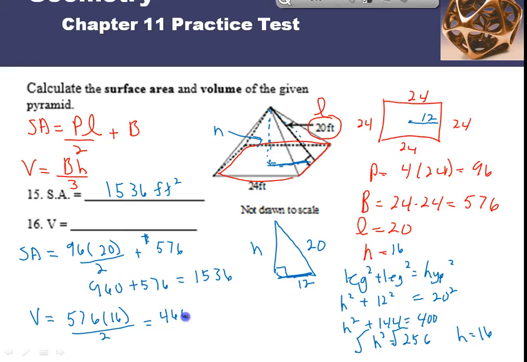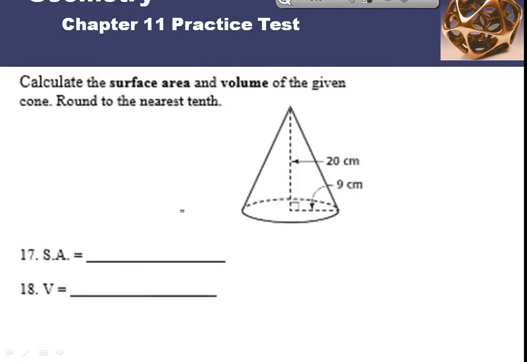So 4608 feet cubed. Alright, and that was number 15 and 16. So 17 and 18 is a cone.